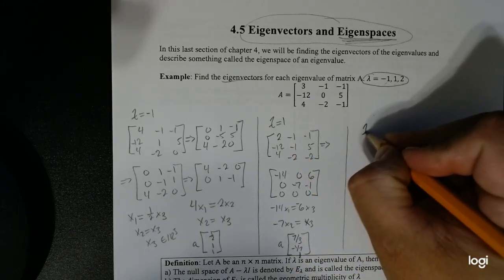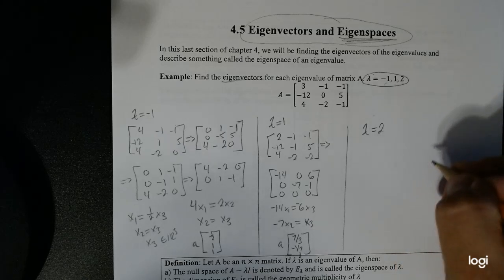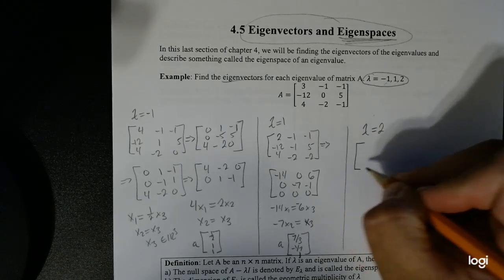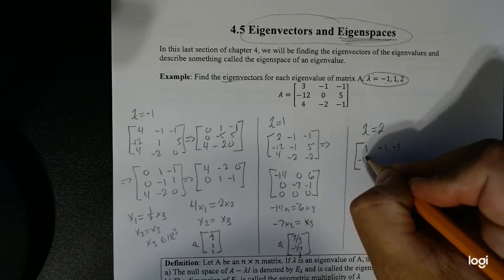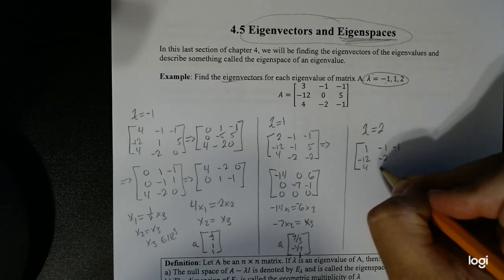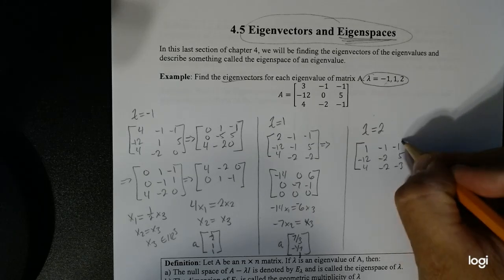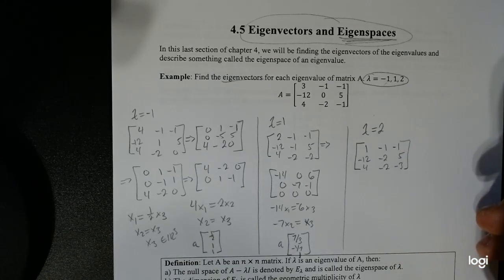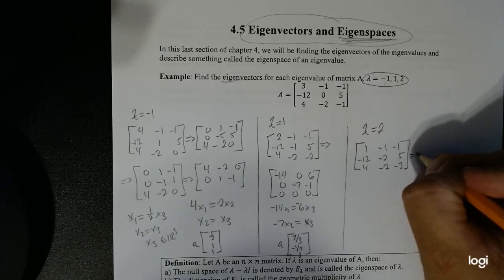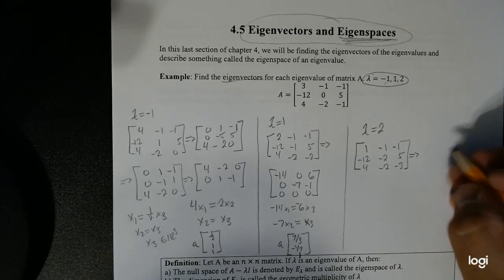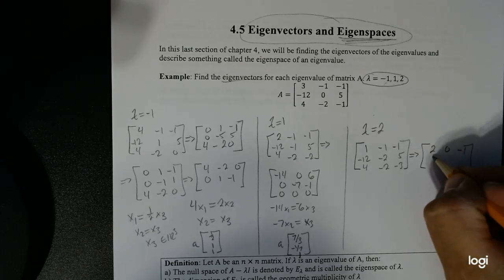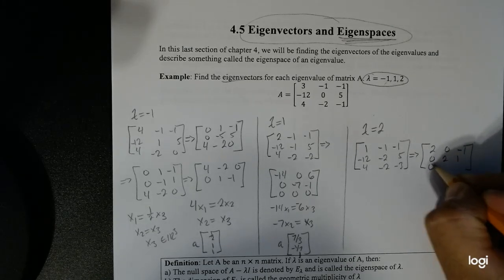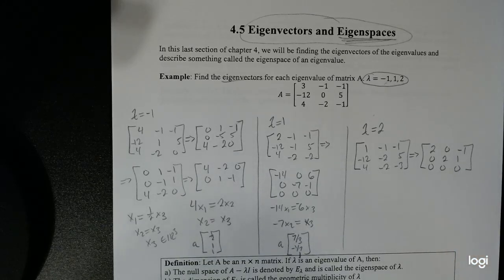And then lastly, we do the 2. So subtracting 2 everywhere gives us that. Again, slowly breaking this down, I eventually get this. Notice it's the same process.